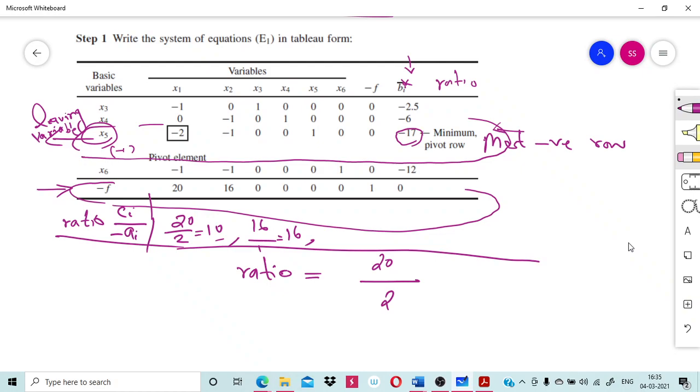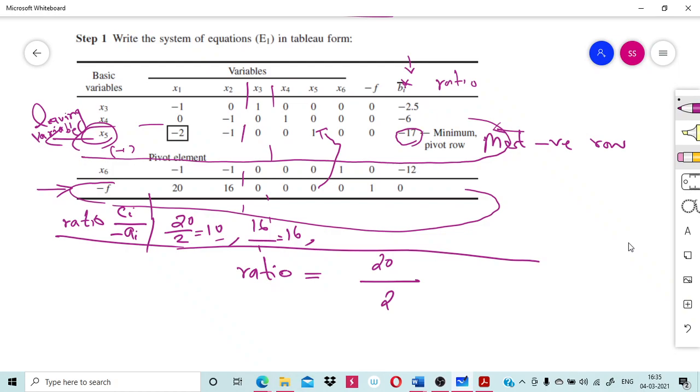In the x3 column we have 0 by 0, so there is no meaning for that, then 0 by minus 1, and 0 by 0, 1 by 0, like that.